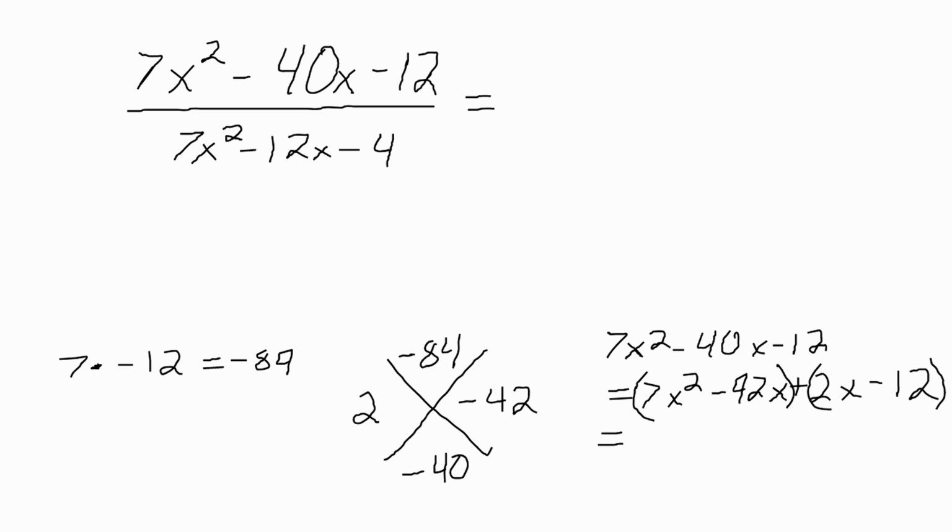And then in the first set of parentheses, you can take out a 7x, which will leave you x inside with a negative 6. And then plus, take out a 2, and it would give you x minus 6. And then you can rewrite that as 7x plus 2, x minus 6.